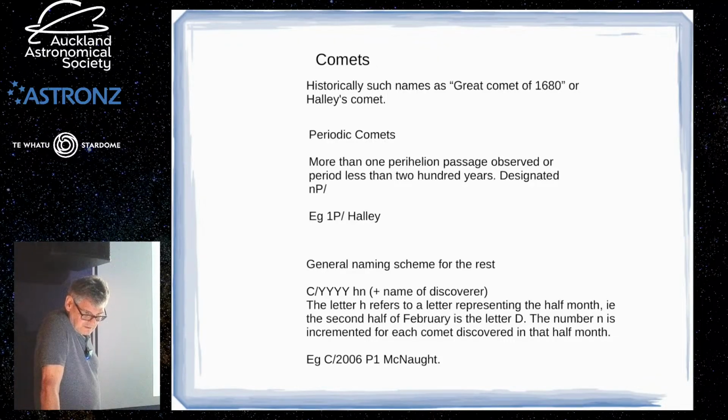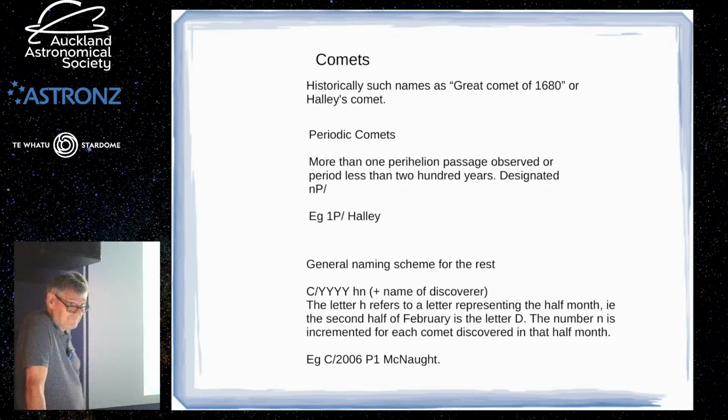The year is the year it was discovered, and the first letter corresponds to the half month. So the second half of February will be the letter D, and then you have a number which is the number of the discovery within that half month. So an example, does anyone actually see this comet, C2006 P1 McNaught?